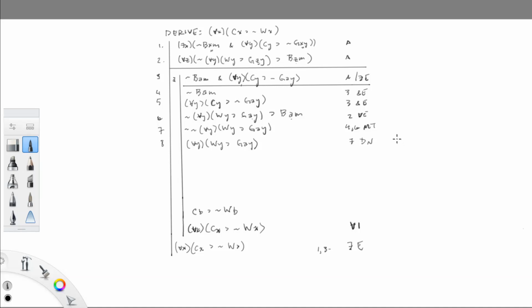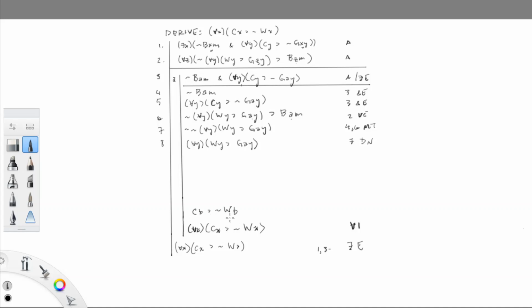Okay. So now let's draw our eyes to lines 5 and 8. We're going to be getting pretty far by using lines 5 and 8 on our way to this conditional here. All right?